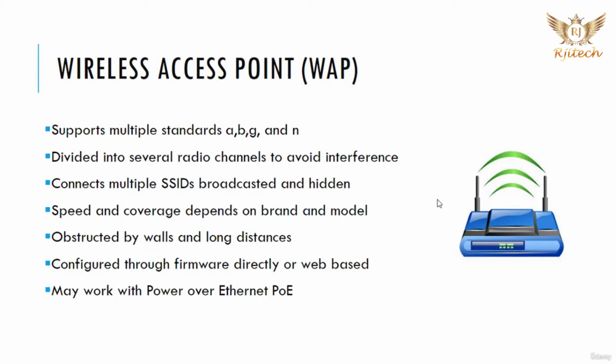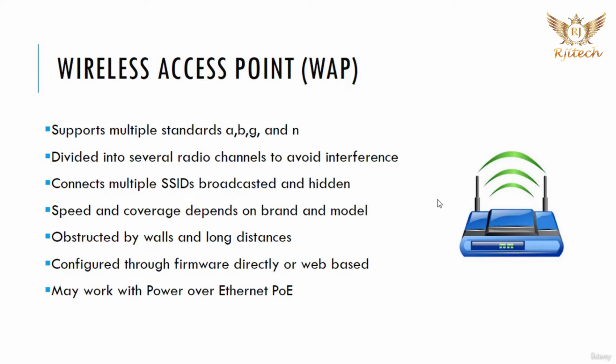It can be configured through its firmware directly, through Telnet for example, or any other communication that directly sets the configuration and saves it over the firmware, or the configuration can be web-based. The access point can show a web interface that can be used by the user to configure it, to determine the channel, to determine the encryption protocol that will be used by this access point, and other settings.